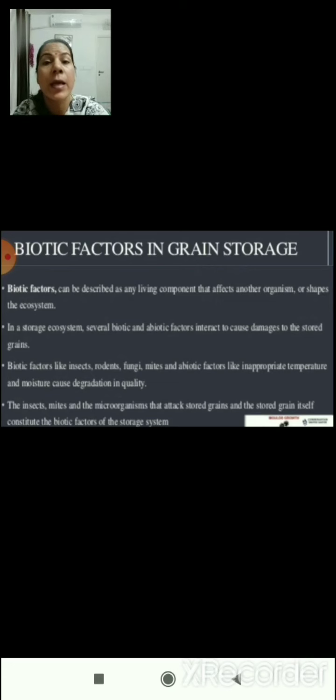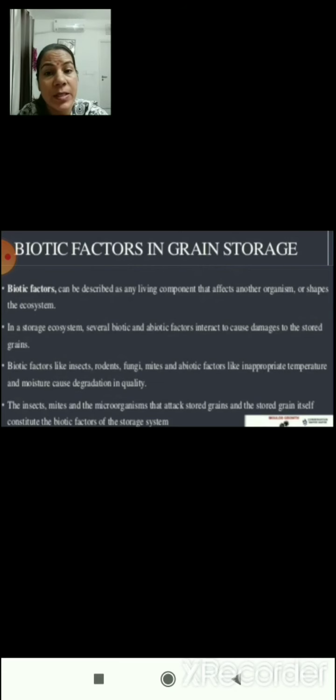These can be insects, rodents, fungi, mites, and abiotic factors are inappropriate temperature, lack of oxygen, moisture, which can cause degradation or decrease the quality of seed grain.